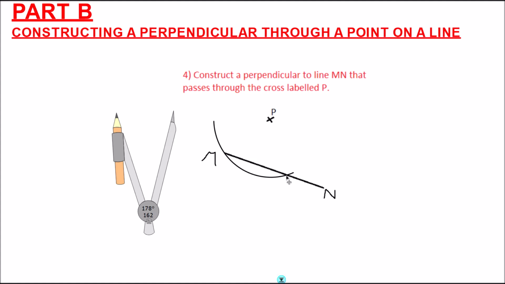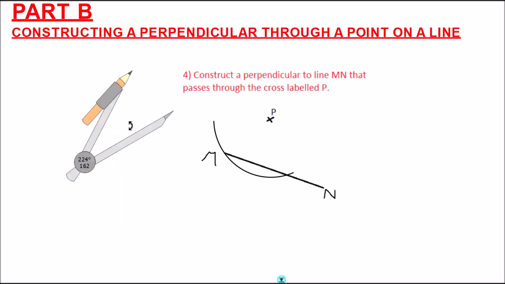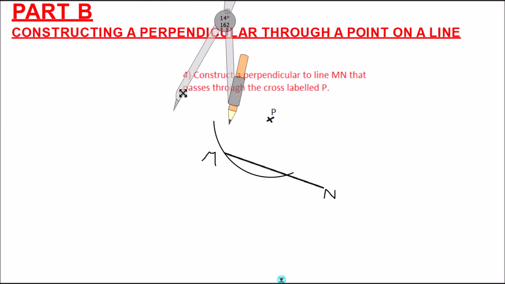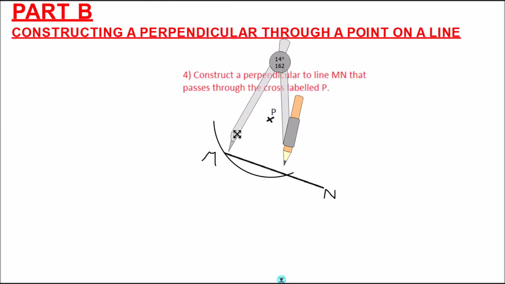So we've got one at M and a cut at the end, well, not at N, sorry, but closer to the line N. Now what we can do is keep the width of the compass the same, and based on that, we're going to put the compass needle at one point where the curve's crossed the line.